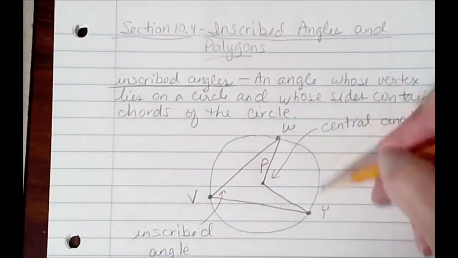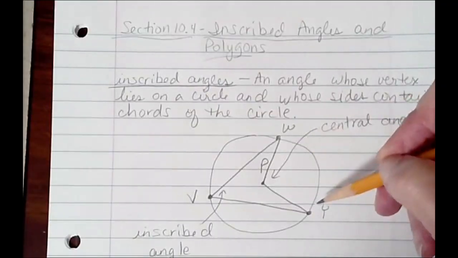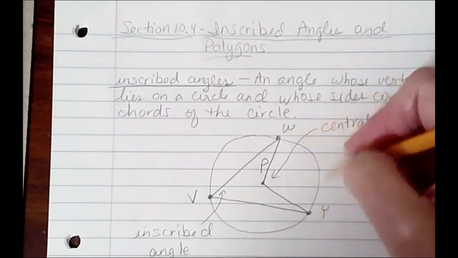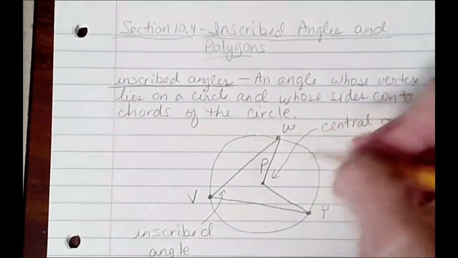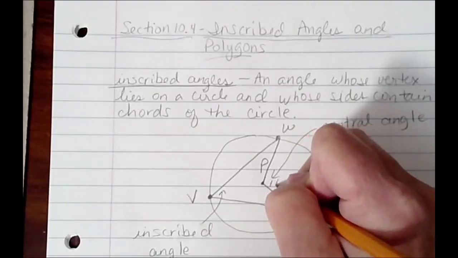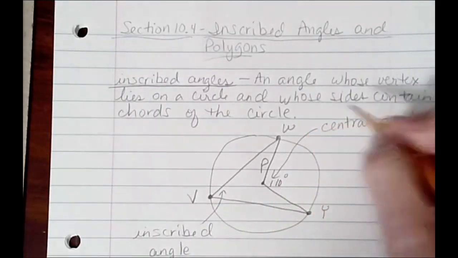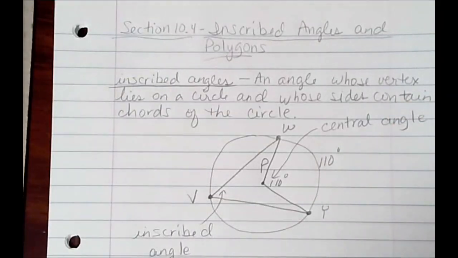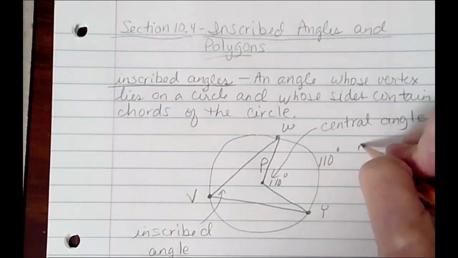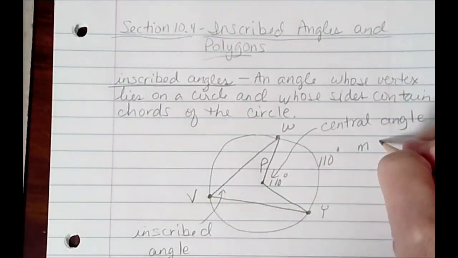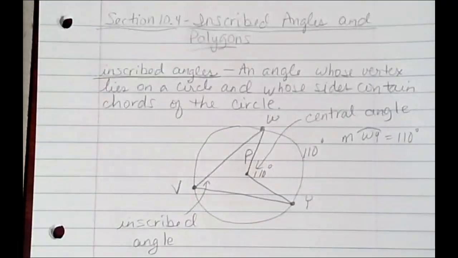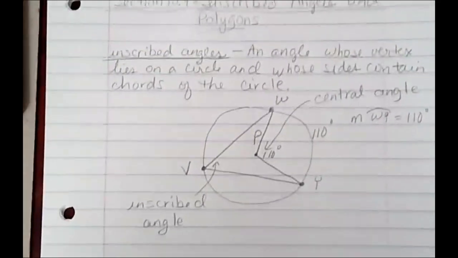But they're both generating that same arc WY. We know that with a central angle, the measure of the arc is the same as the measure of the angle itself. Let's say this is 110 degrees. Then this arc is 110 degrees as well, so the measure of arc WY equals 110 degrees.